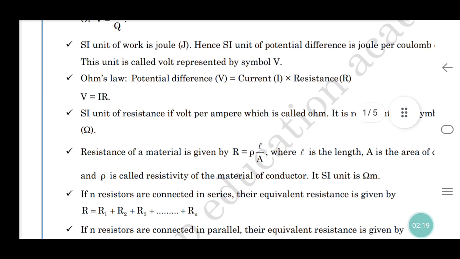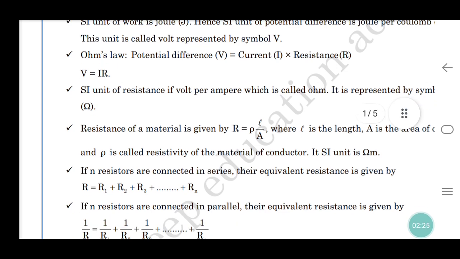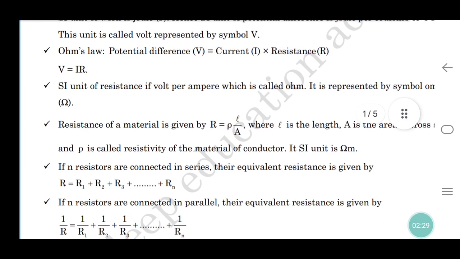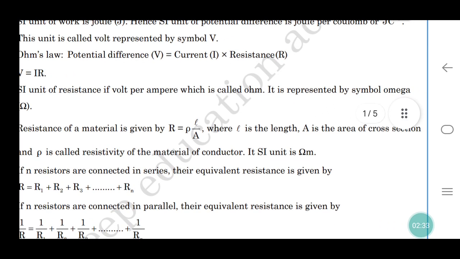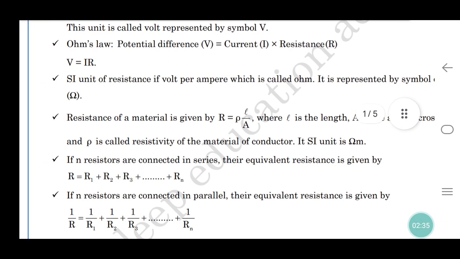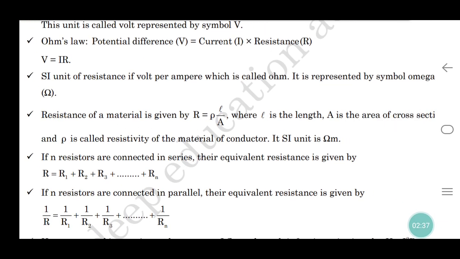represented by ohm, and the resistance of a material is given by R is equal to rho into L divided by A. L is the length, A is the area of cross section and rho is the resistivity.